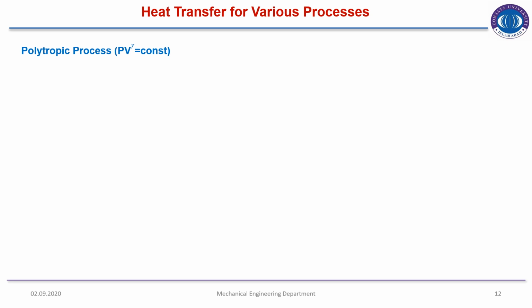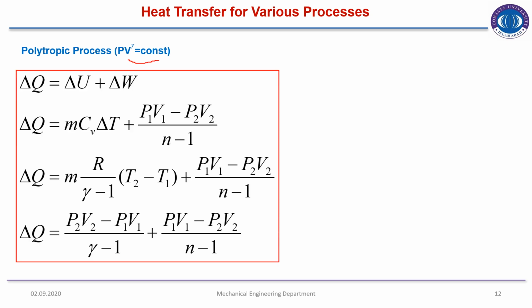So, heat transfer for polytropic process. As you know, the expression for polytropic process is PV^gamma equal to constant. According to the first law of thermodynamics, del Q is equal to del U plus del W. This is the formula for internal energy.